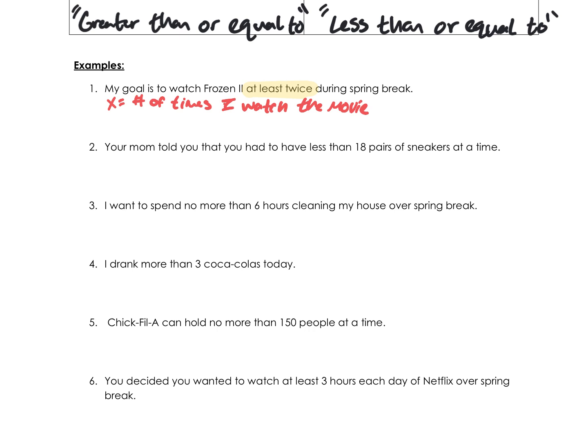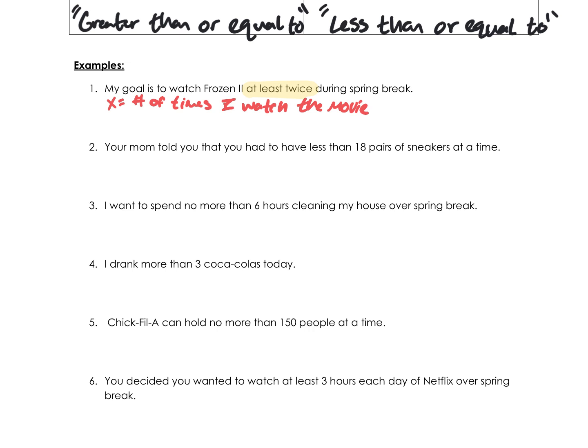Well, how many times does it say I'm going to watch it? At least twice. Here's what you've got to understand about what that means. If I'm watching it at least twice, can I watch it just 2 times? Yeah, that's at least twice, right? Could I watch it 3 times? What about 4? 5? 7? 21? Yeah.